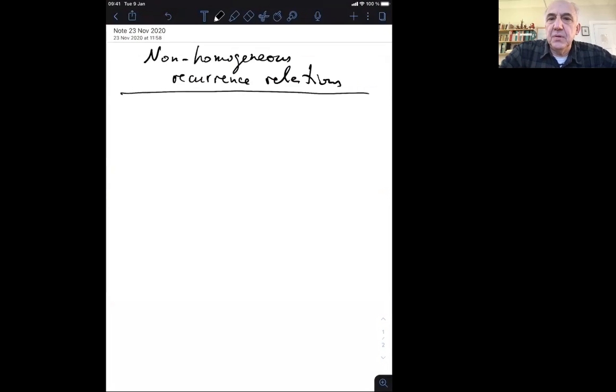So today we'll concentrate on linear non-homogeneous recurrence relations, some aspects of them. But let me first recall a little bit our basic notation.